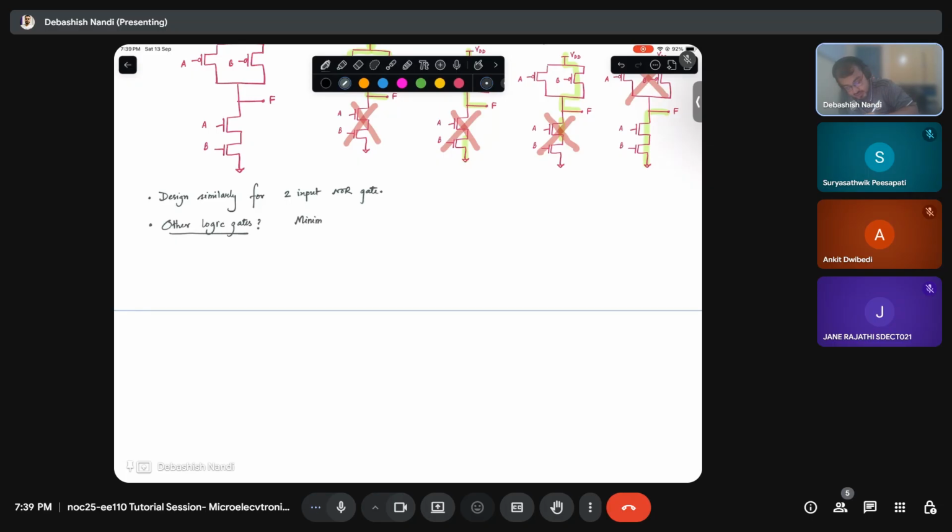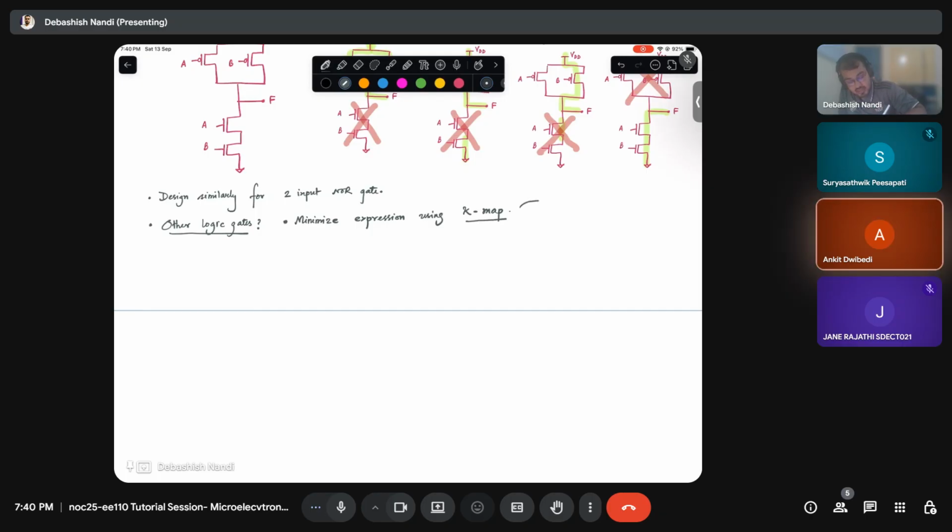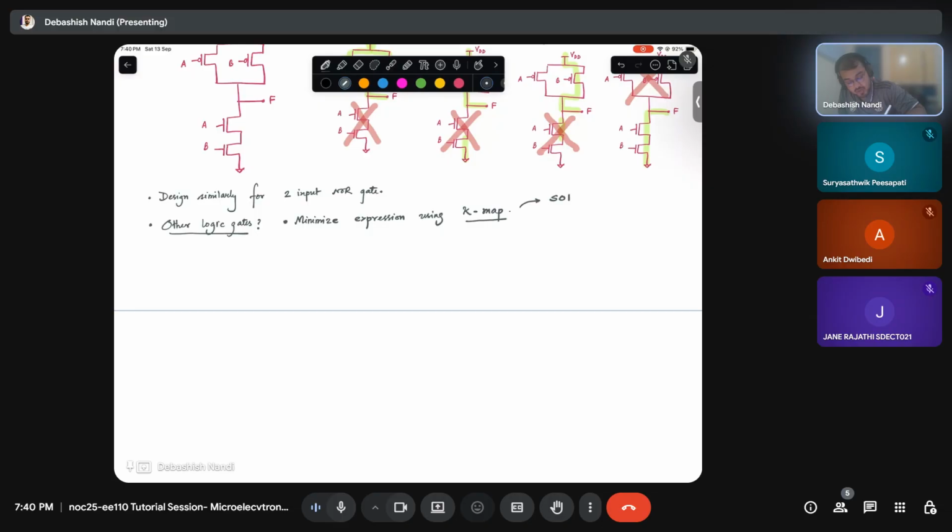Fine. And what about other gates? Minimize the expression using K-map. You know about K-map or Karnaugh map? Gate in terms of sum of products or products of sum. From this you can, so this is basically your AND, OR and NOT operation, right?